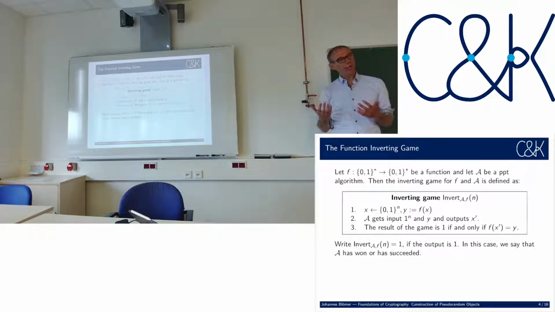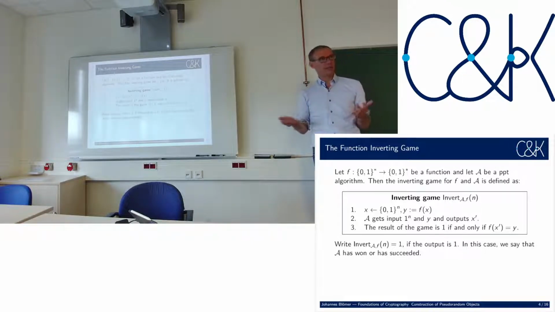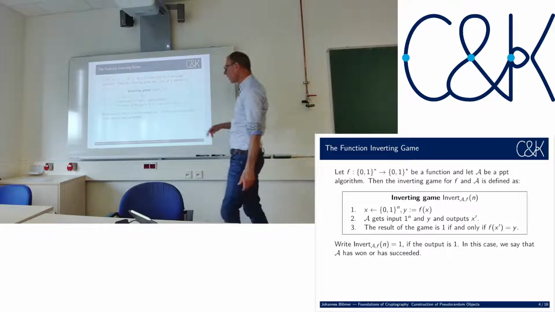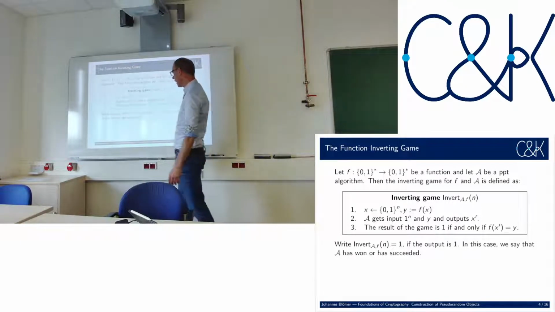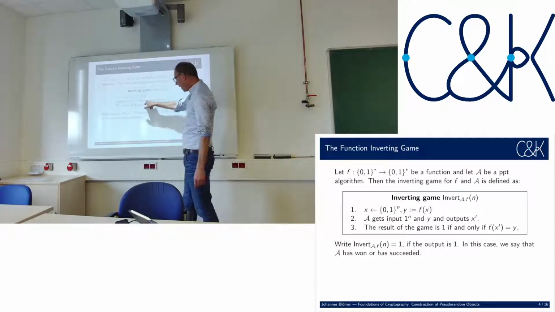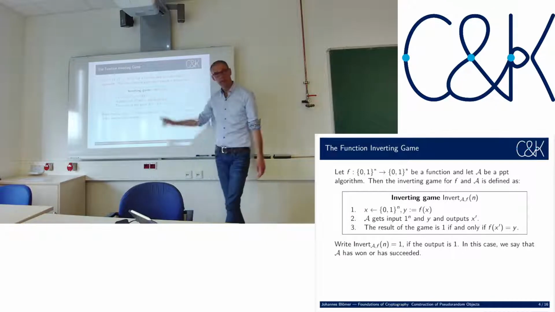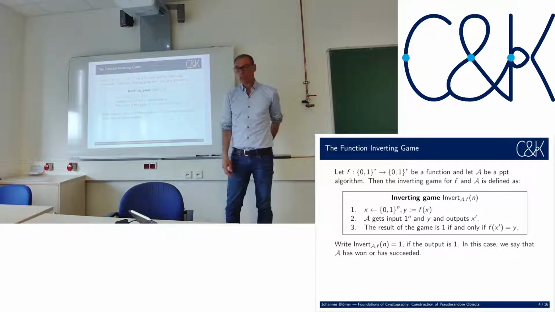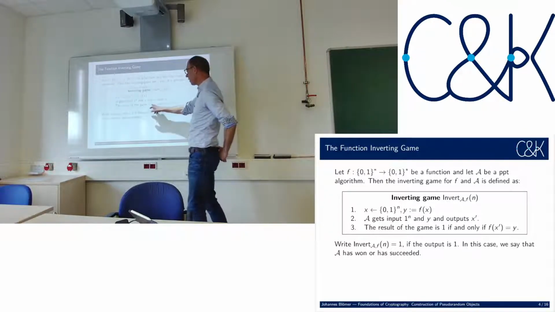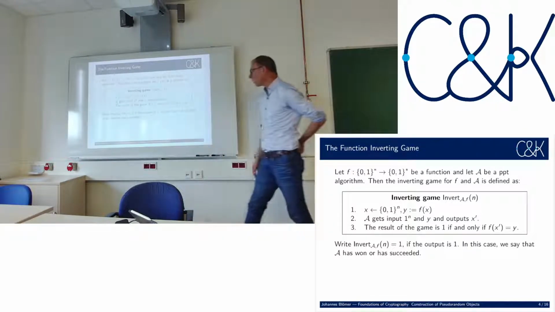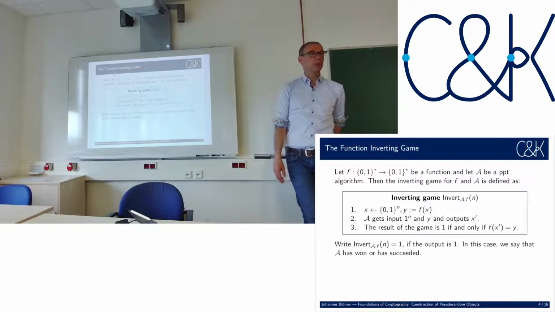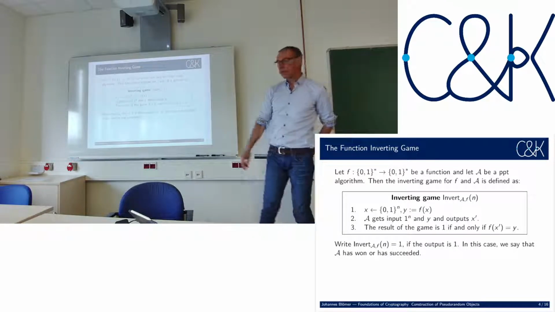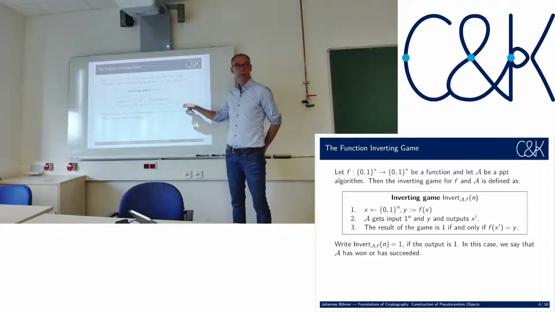Given y, you know that there is a pre-image, an x such that f(x) is y. Then A gets its input 1^n and y, and eventually, after its internal computation, it outputs an x'. And the result of the game is 1 if and only if f(x') is equal to y, so if x' is a pre-image for y.